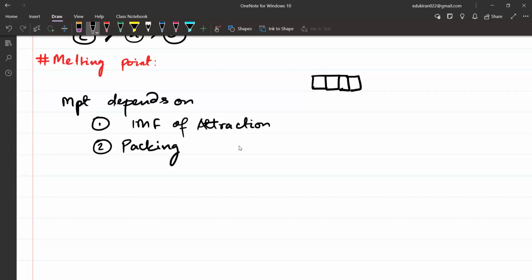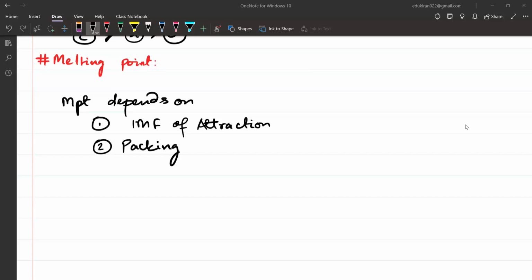But if you have some irregular, crooked shape, you cannot fit something here; one thing will come here and it will go like this. So there are some vacant spaces. It is not fitting together. If you have a symmetrical structure, it will fit better. If you don't have a symmetrical structure, it will not fit better.